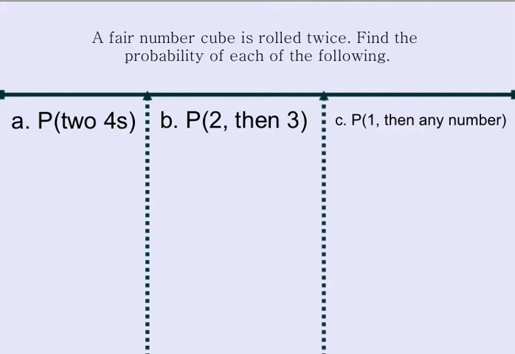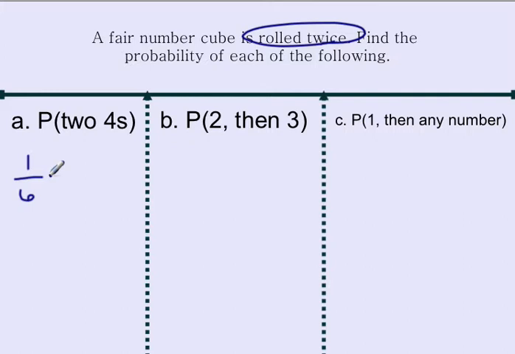Now we have 2 events going on. We want to find the probability of rolling two 4s. We're rolling the die twice. The first time I roll it, there's a 1 in 6 chance that I roll a 4. The second time I roll it, it doesn't matter what I did on the previous roll.